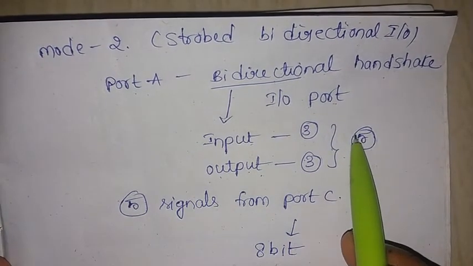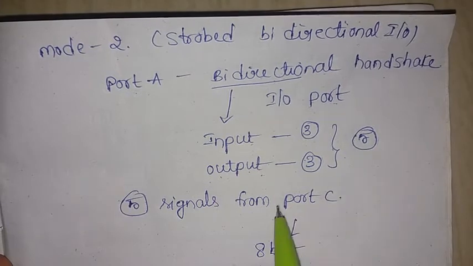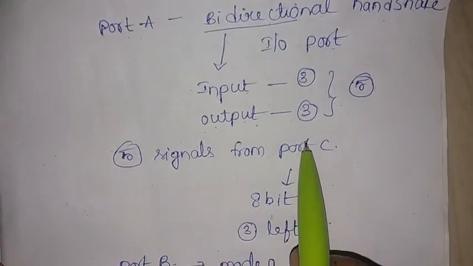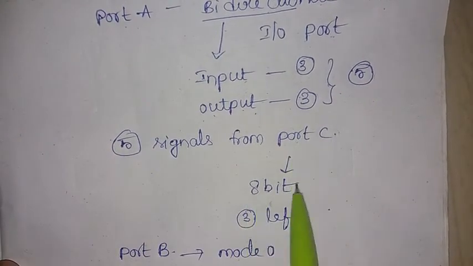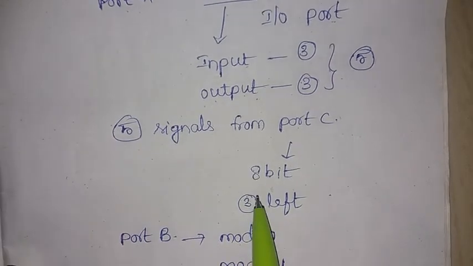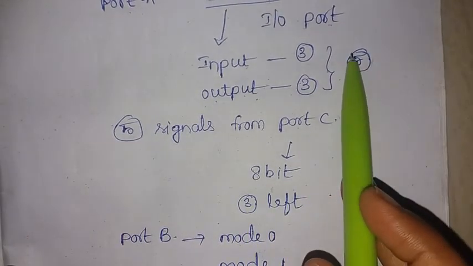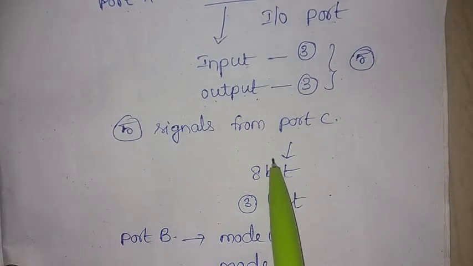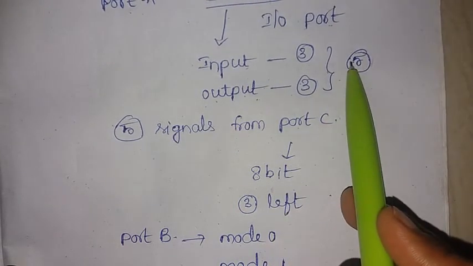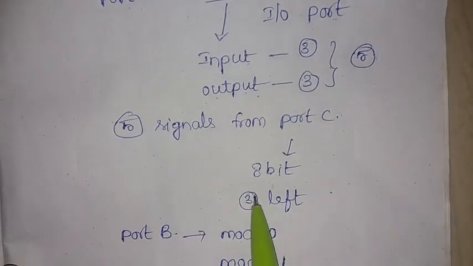These 5 handshake signals can be generated from port C. You know that port C size is 8-bit, and we are using 5 lines for generating the 5 handshake signals, so 3 are left.